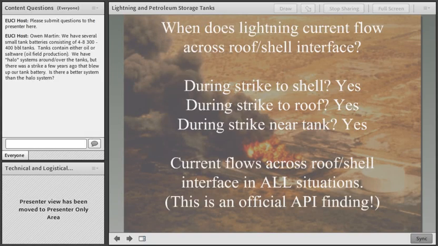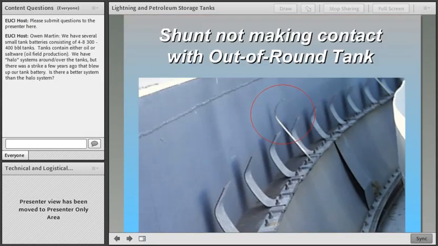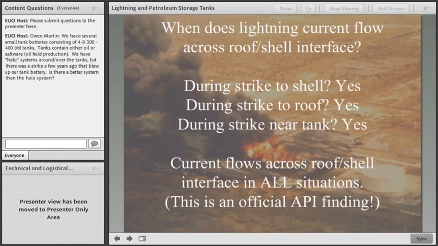So for decades, the industry has been relying on shunts to provide a low resistance path between the roof and the shell. And quite frankly, using shunts is not as effective as hoped.